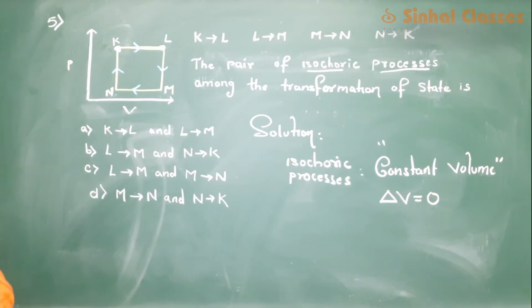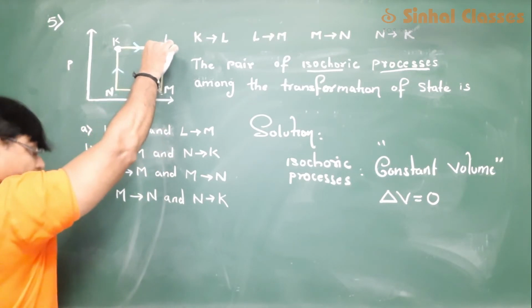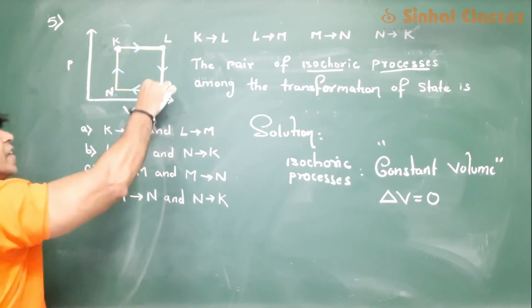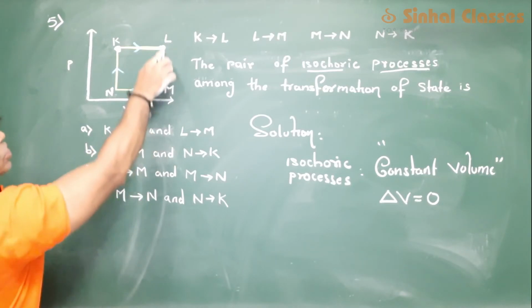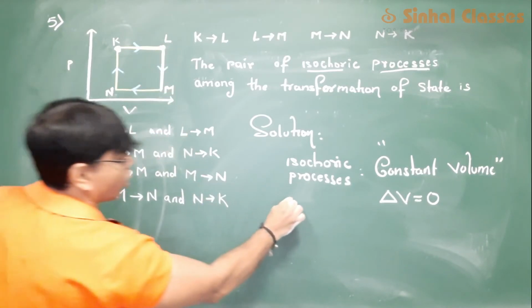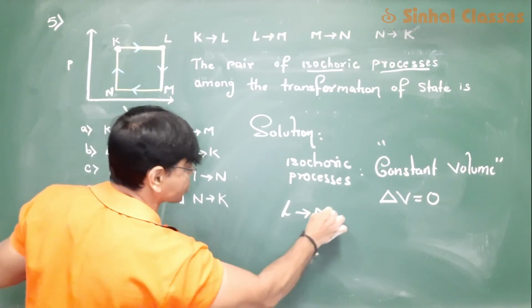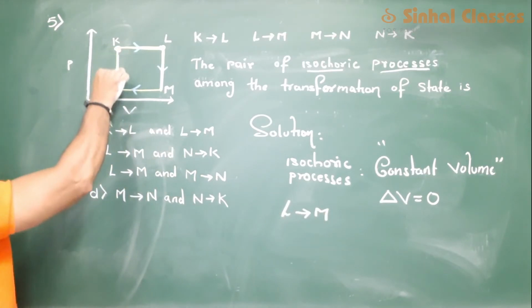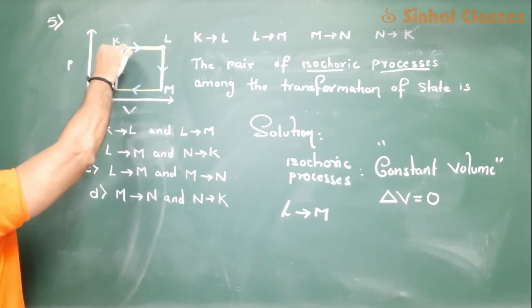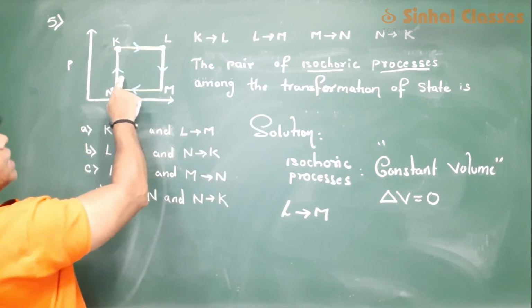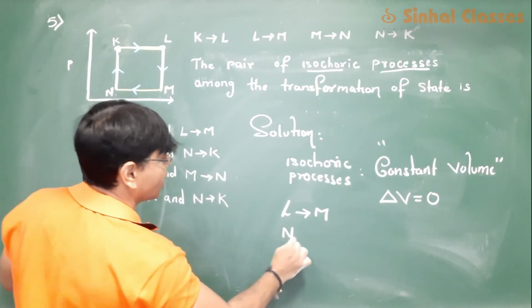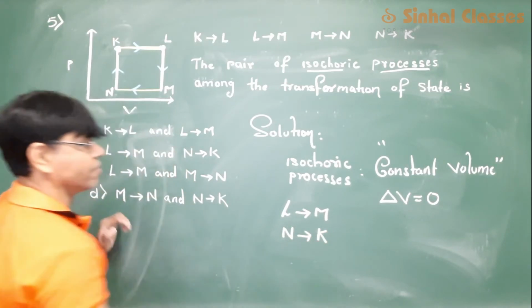Let's see now. Here you can see this one, L to M, has a constant volume. And the next one, that is N to K conversion.